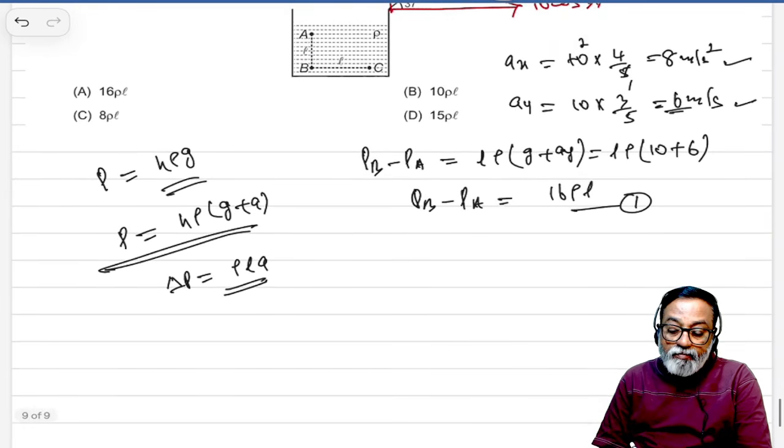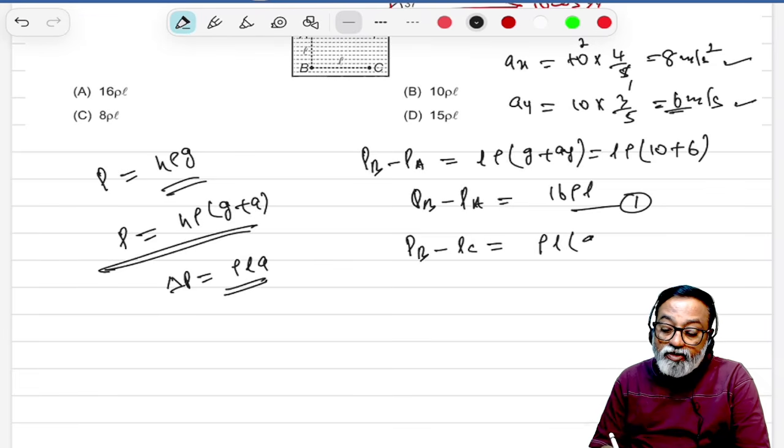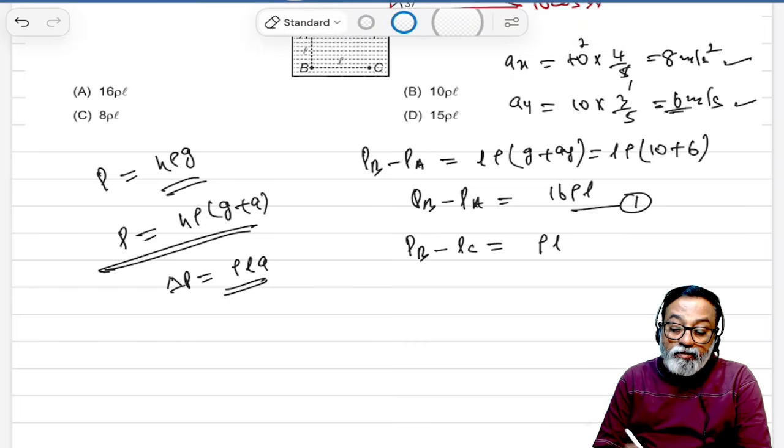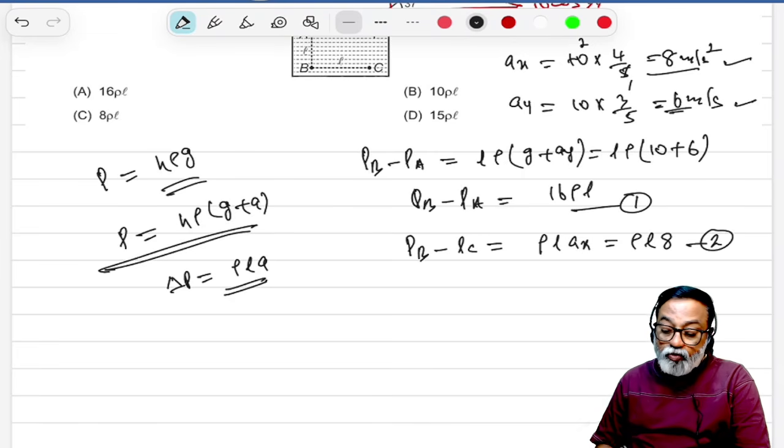Therefore, B has more pressure compared to C. So the pressure difference between B and C is equal to rho into L into a, where the horizontal acceleration is ax, that is rho L times 8. This is equation number 2.